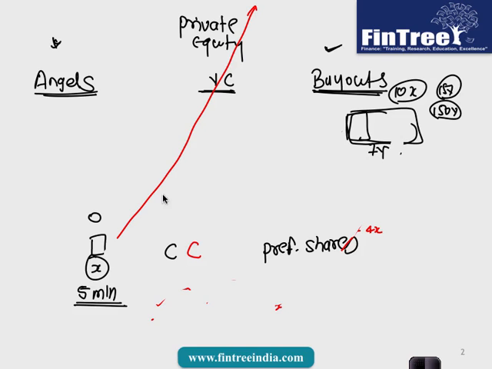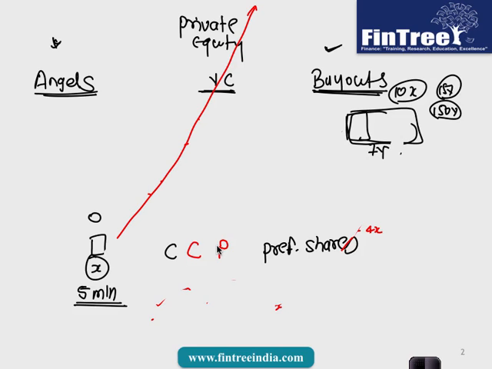If this is the case, in these years we would earn only the preference dividend, but we want to earn more because we are the ones who are putting in money. So if the company is making more profits, I also want those extra profits, and therefore these shares would also be participating. So CCPPs are the most popular instruments used in these kind of setups, angel or VC type of funding. Are we fine here? Should we go ahead now?